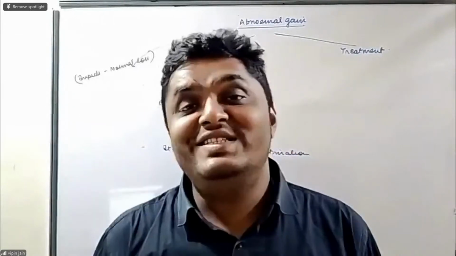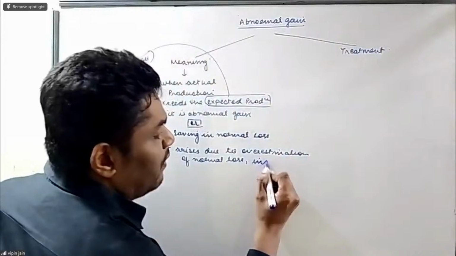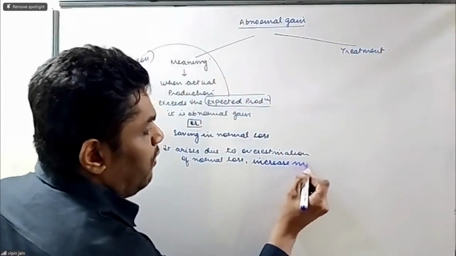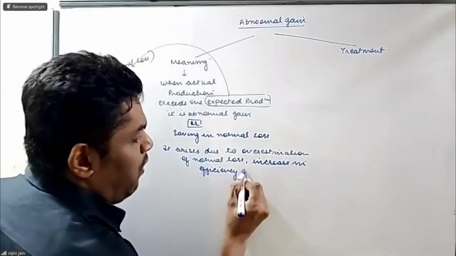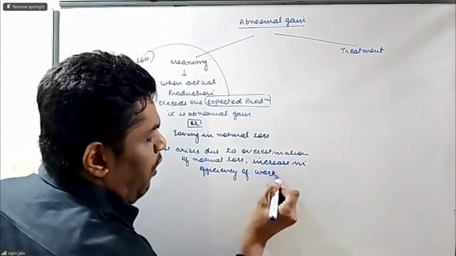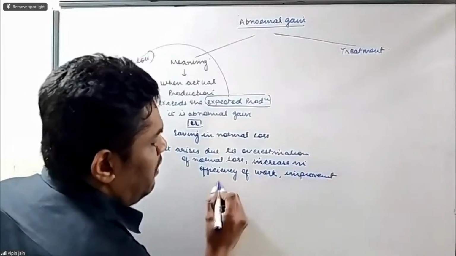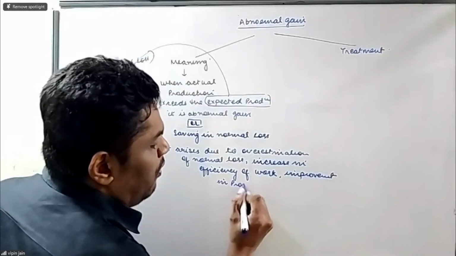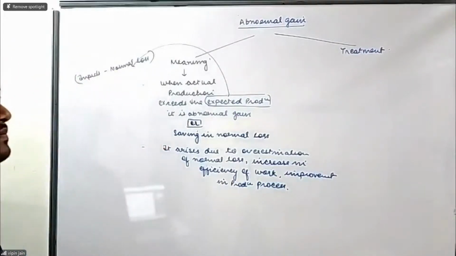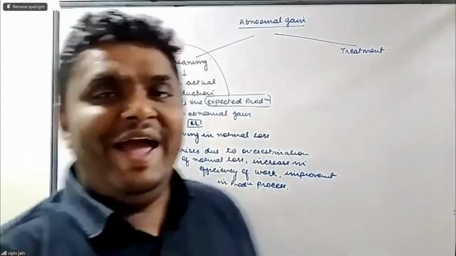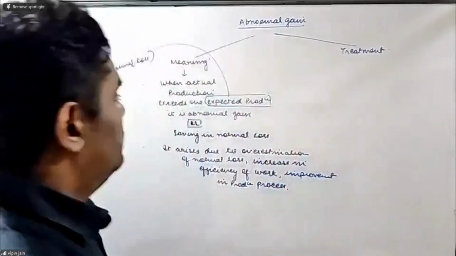So it also arises due to an increase in efficiency of workers, or improvement in the production process. So when the actual production exceeds the expected production, it is abnormal gain.